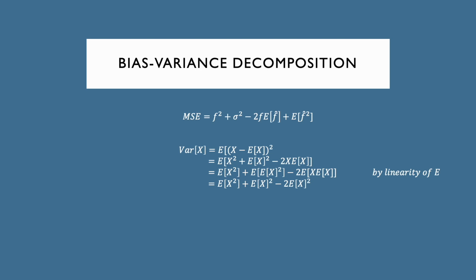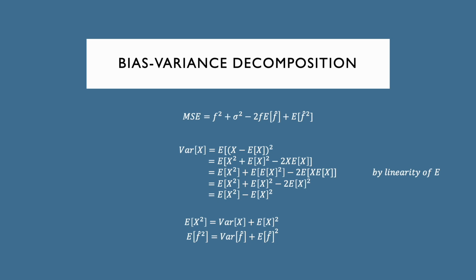The second term, the expected value of an expected value, you can just simplify into a single expected value. And after simplifying, the variance of x is equal to the expected value of x squared minus the expected value of x, whole squared. We can write that as the expected value of x squared is equal to the variance of x plus the expected value of x, whole squared.